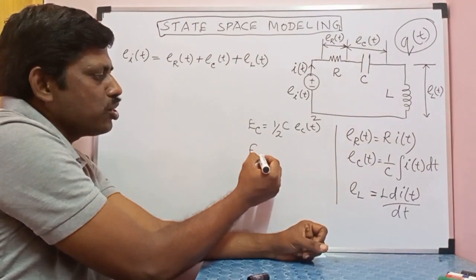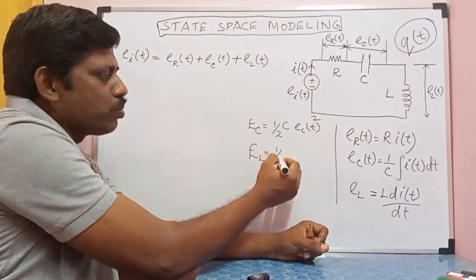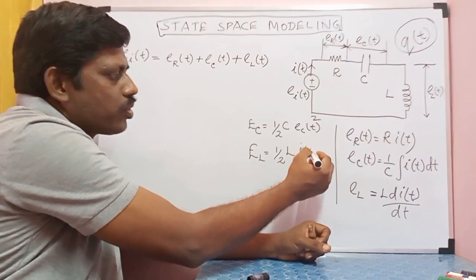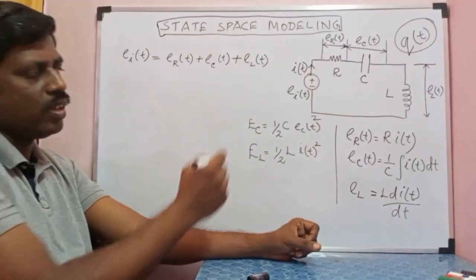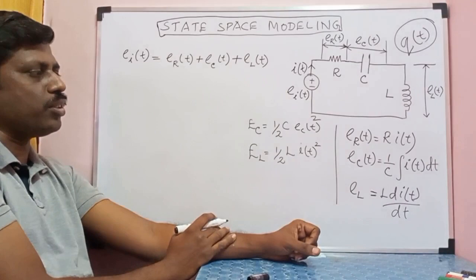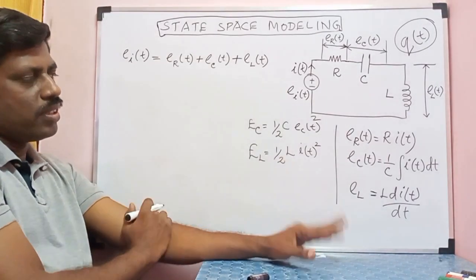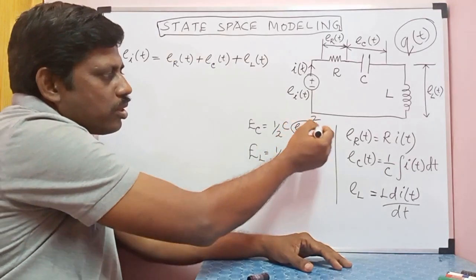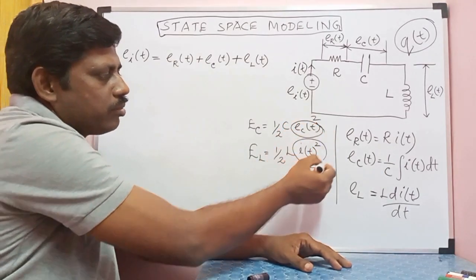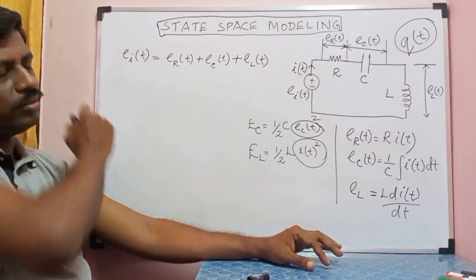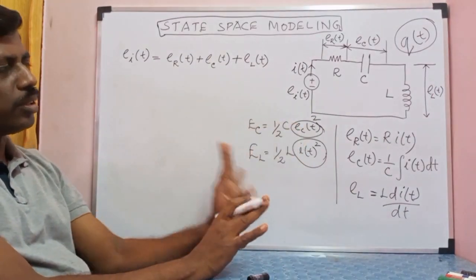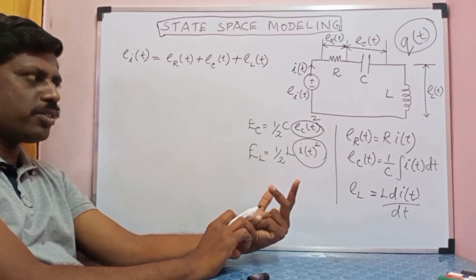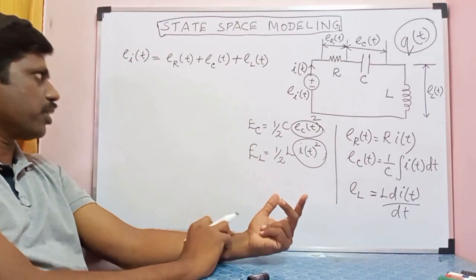And the energy stored in the inductor is half L I of t square. So it's very clear now. The state variables I can choose are EC of t and I of t. So the number of state variables is decided and the state variables to be chosen are also decided.